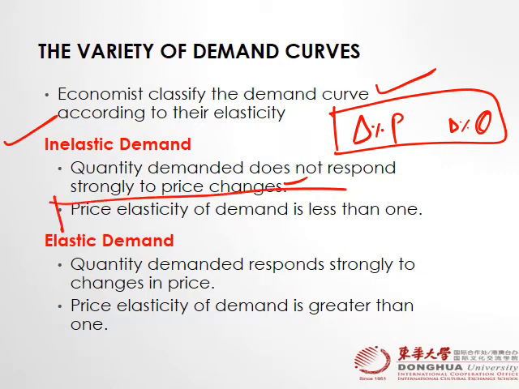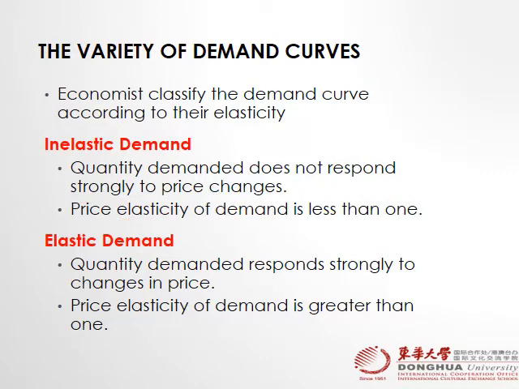Or when the price elasticity of demand answer is less than 1, then we can say that the demand is less elastic. Elastic demand: when a small change in price causes a big change in quantity, we call this elastic demand.